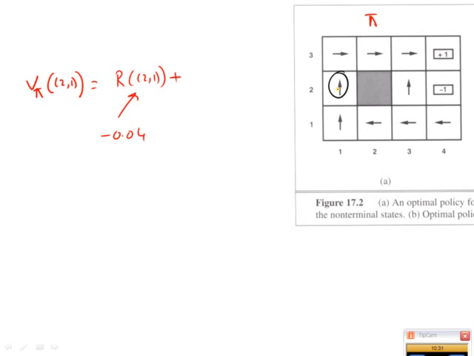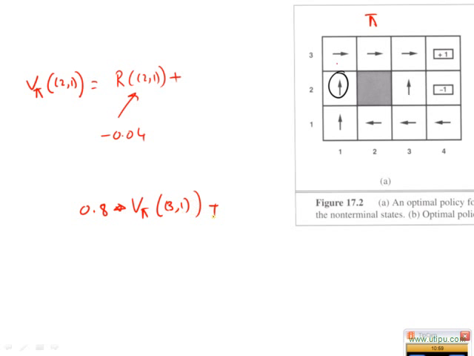If I try to go up, then with 0.8 probability I will get into this state, in which case I will get V pi of 3, 1. That's true, we wrote it this way.